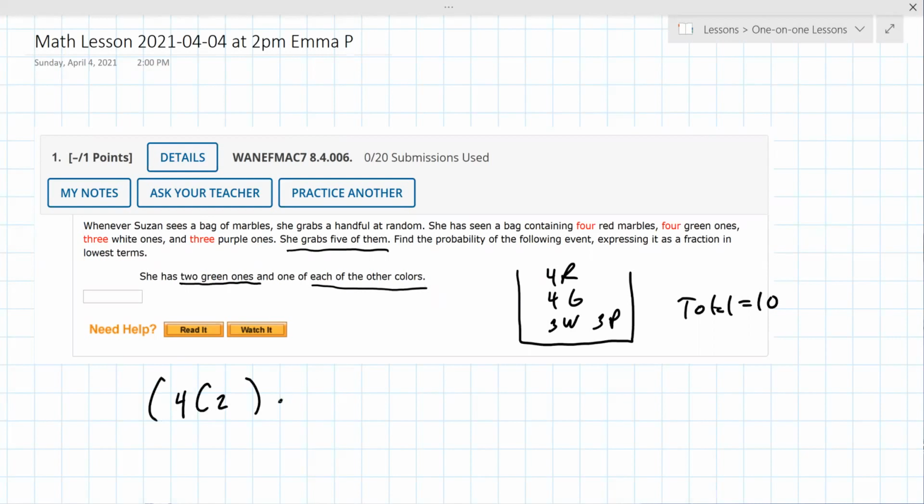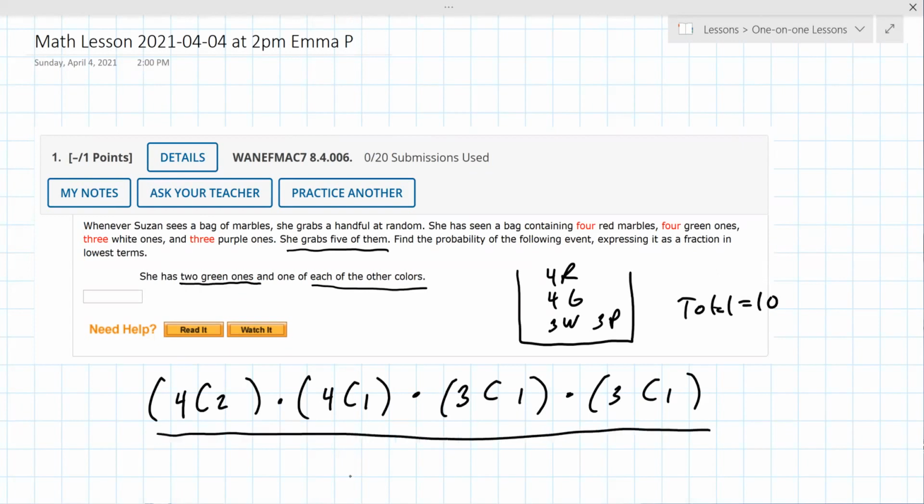So 4 choose 2 times, and you want 1 of the other colors: 4 choose 1 red times 3 choose 1 white times 3 choose 1 purple. The order doesn't matter because you're multiplying. All divided by, you have 10 total and you're choosing 5 of them.